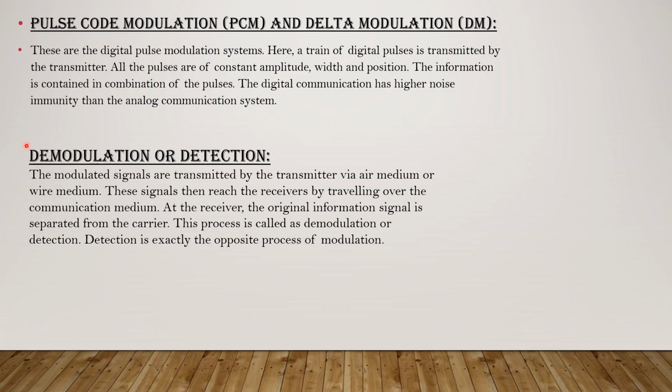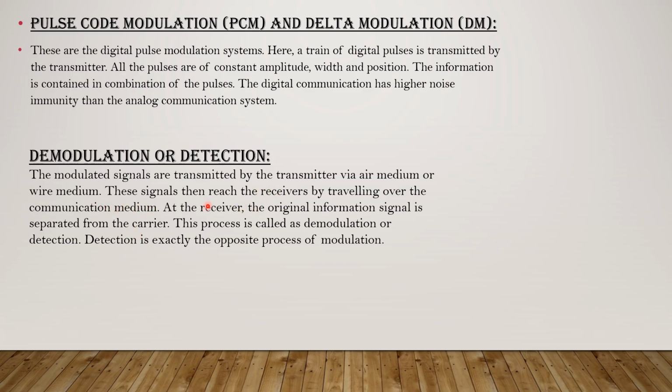Now the demodulation or detection. The modulated signals are transmitted by the transmitter via air medium or wire medium. These signals then reach the receiver by traveling over the communication medium.